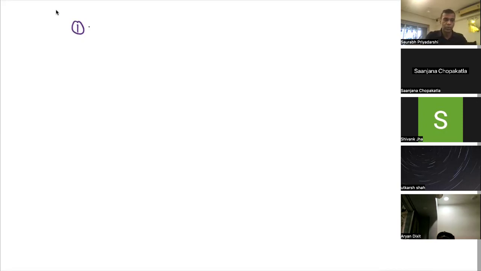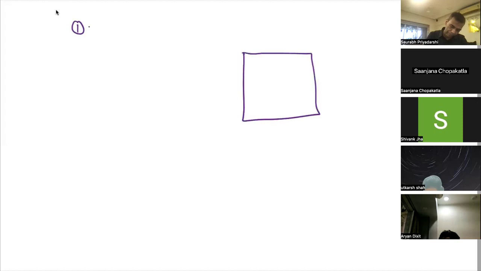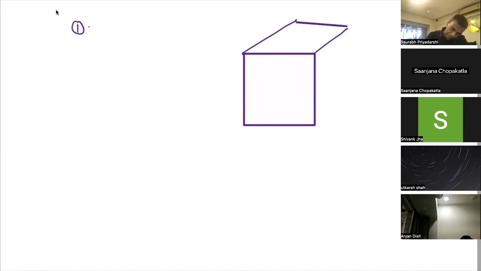In the regular cube, if you have to paint this cube with 6 different colors, right? We have to paint this cube with 6 different colors. In how many ways can we color this cube?